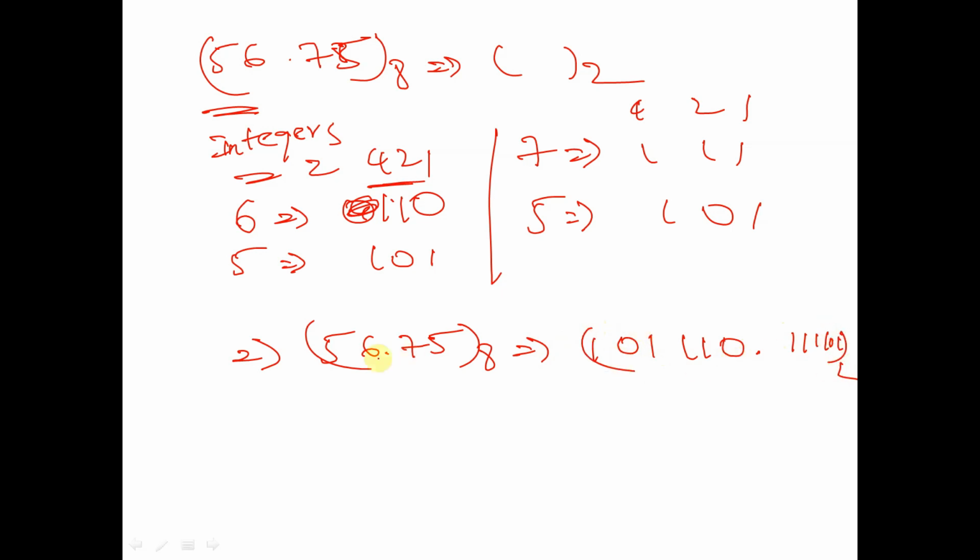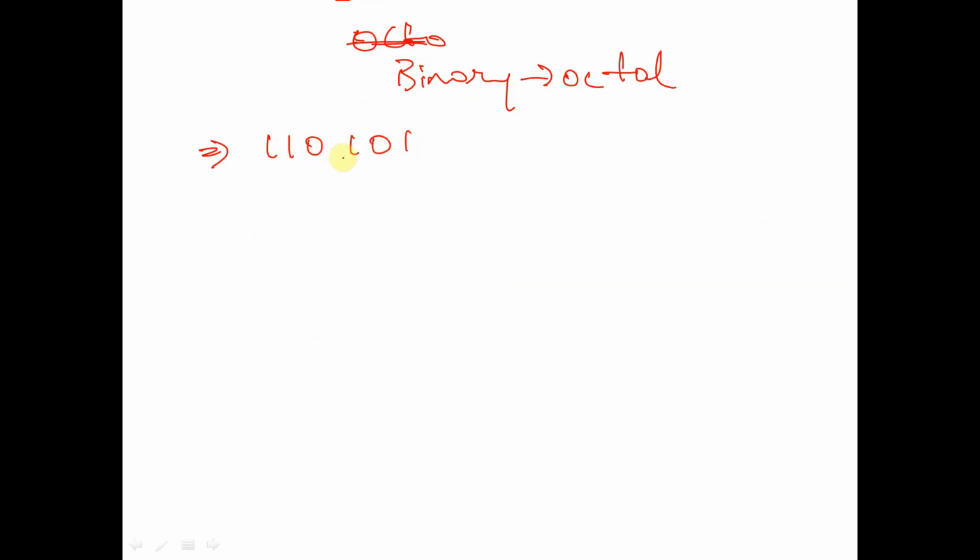So this is how we convert octal to binary number systems, and now the vice versa process, that is binary to octal conversion. If we have a binary number, say 11101011, so this is our binary number, and we want to convert it into an octal number, then we will make groups of 3 in this binary number.